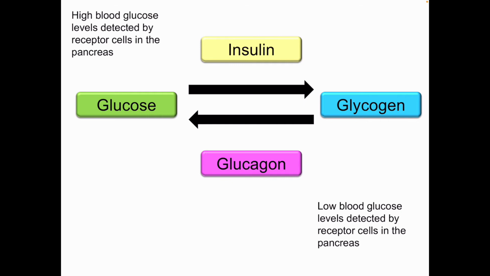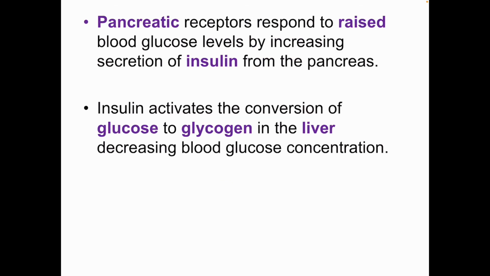And blood glucose levels are detected by receptor cells in the pancreas. So these pancreatic receptor cells respond to raised blood glucose by increasing insulin secretion. They then stimulate the conversion of glucose to glycogen in the liver. That will then decrease your blood glucose levels.